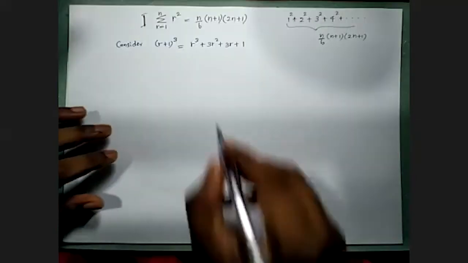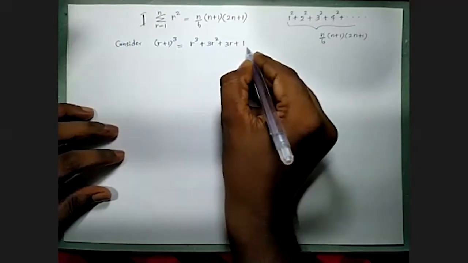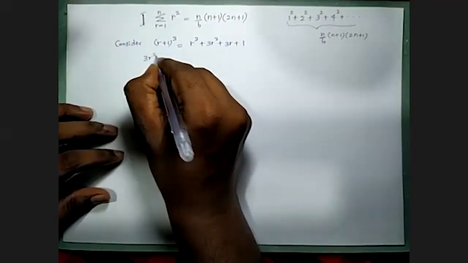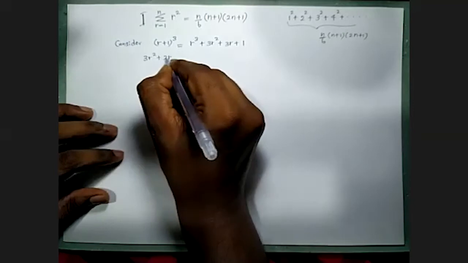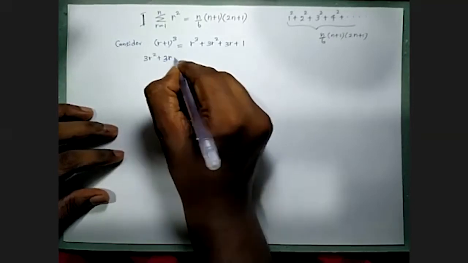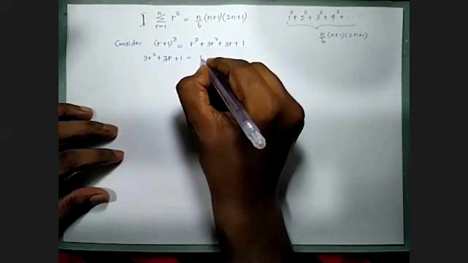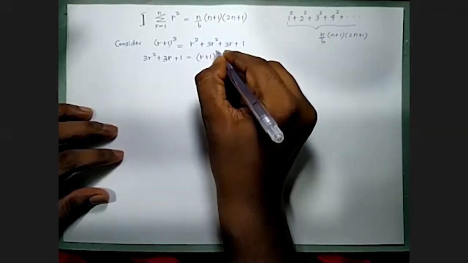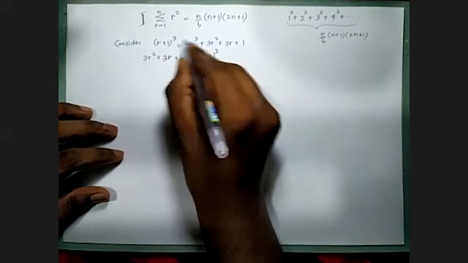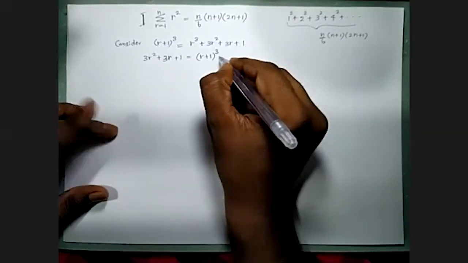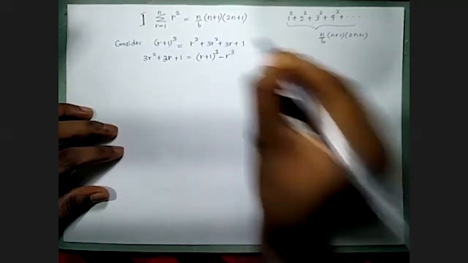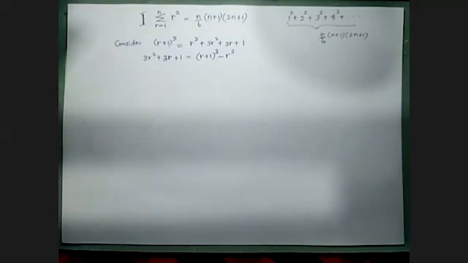This is the cubic expansion, and you have to rearrange. Write these three terms on the left: 3r square plus 3r plus 1 equals r plus 1 cube, and send r cube to that side, minus r cube. Now this is the equation that we are going to use.